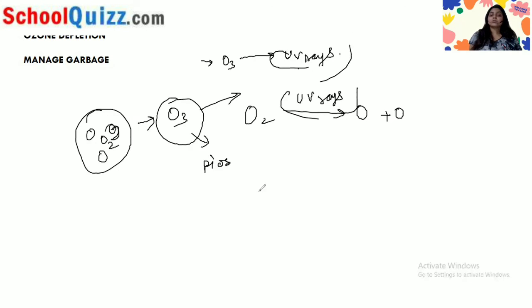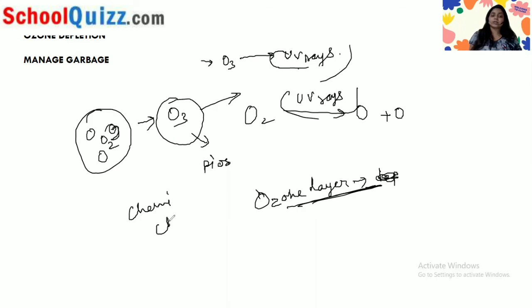Now, ozone layer depletion. What is ozone depletion? We have some chemicals in our atmosphere, like CFCs, which come from refrigerators, air conditioners, and fire extinguishers.